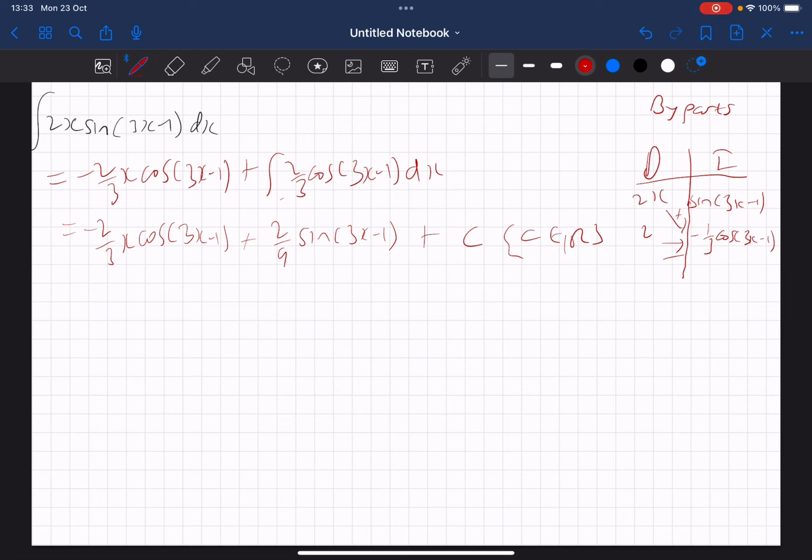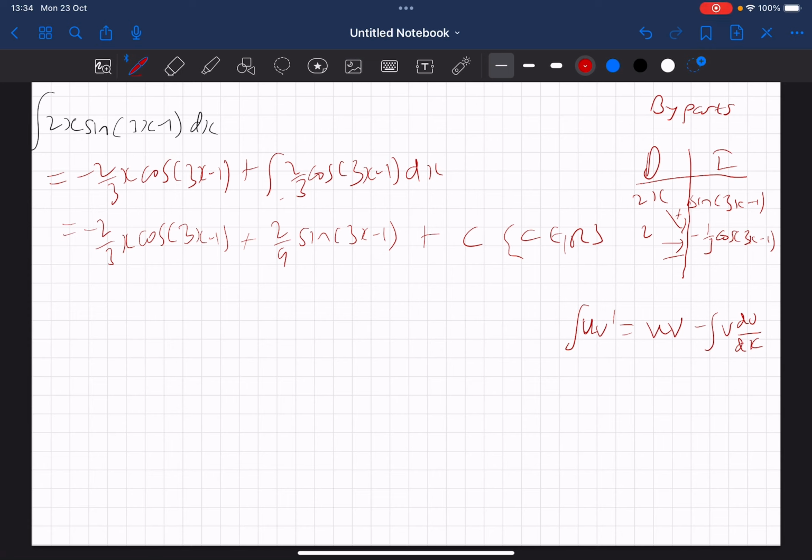Okay. Now, if you wanted to do it using the formula, I do remember the formula now. The integral of u times v prime is u times v minus the integral of v du by dx.